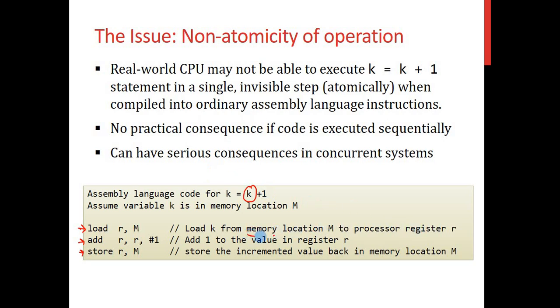So from memory I move it to a register, then I increment the value in the register, and finally I write it back to memory. Because k is a variable, it is a memory element inside our storage. So we need to do these 3 steps to complete this single line in C.